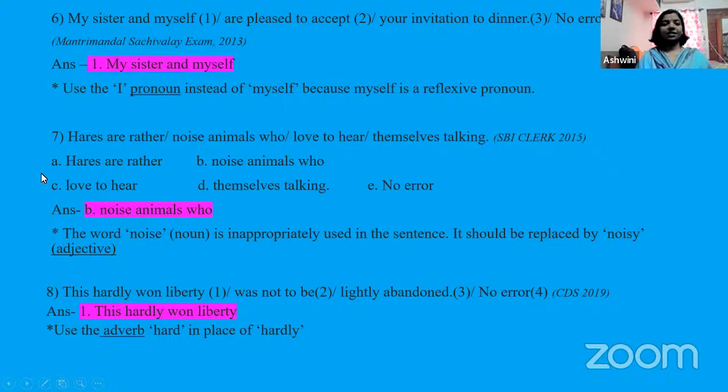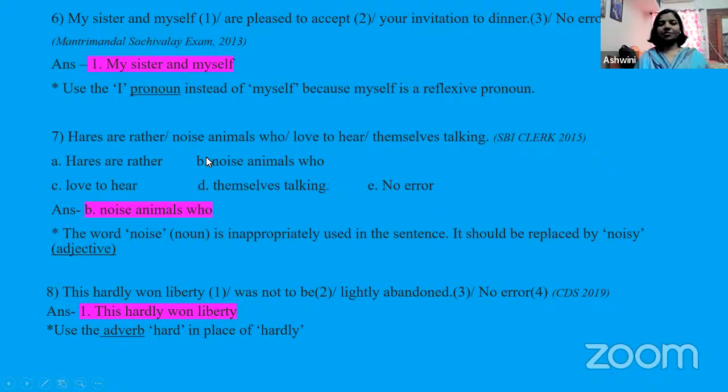अभी यहाँ पे आप देख रहे हैं कि स्लैश करके वो पूछे गए हैं. पूरे एक सेंटेंस का 1, 2, 3, 4, 5 ऐसे सेक्शन पार्ट्स करके उन्होंने क्वेश्चन पूछे. लेकिन आप देख रहे हो कि 7th क्वेश्चन जो SBI क्लर्क 2015 में हुआ था एग्जाम, उसमें कैसे क्वेश्चन पूछे गए थे, जैसे कि फाइंड द एरर फ्रॉम दिस 1, 2, 3, 4, 5 सेक्शन. उन्होंने ऐसे सेक्शन लिए ABCDE करके. Now hares are rather, number 1 noise animals who, number 2 love to hear, 3 and then themselves talking, and no error.